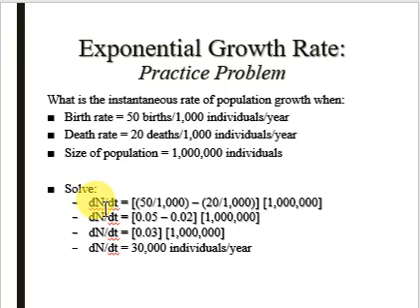So here we would have 50 divided by 1,000 individuals, right? That's our birth rate, minus 20 divided by 1,000 individuals. That's the death rate. You take that value and then you multiply it by the size of the population, the 1 million individuals, right? So that's going to end up giving us a value of 30,000 individuals per year. And that's how you can work out or calculate the instantaneous rate of population growth.